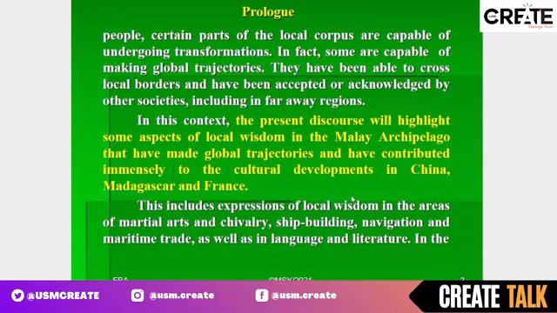They have been able to cross local borders and have been accepted or acknowledged by other societies, including those in far away regions. So the present talk will highlight some aspects of local wisdom in the Malay archipelago that have made global trajectories and have contributed immensely to the cultural development in China, Madagascar, and France. Unfortunately, these are not known to many people.